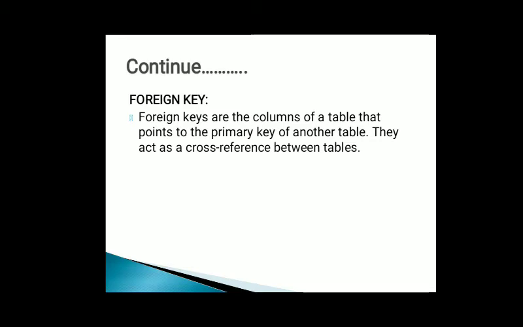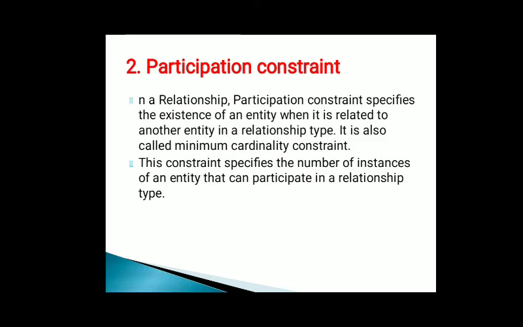Now next, participation constraint. A participation constraint specifies the existence of an entity when it is related to another entity in the relationship type. It is also called minimum cardinality constraint.